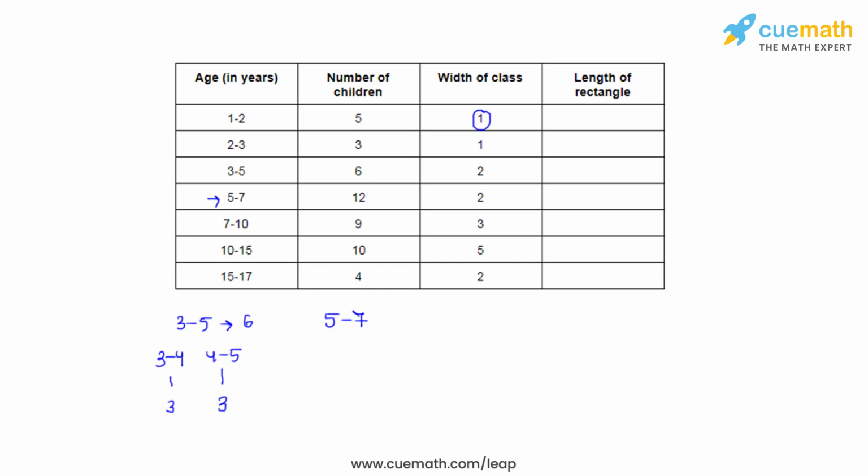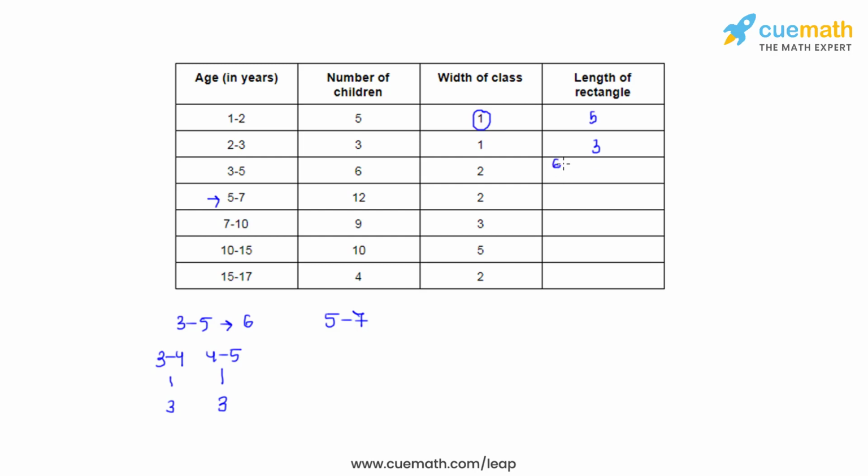That basically can be written as, we'll start with the first one. We need not change anything, so the frequency remains 5. For the second one also, the frequency remains as it is, which is 3. Now coming to the third one, we have the frequency 6.